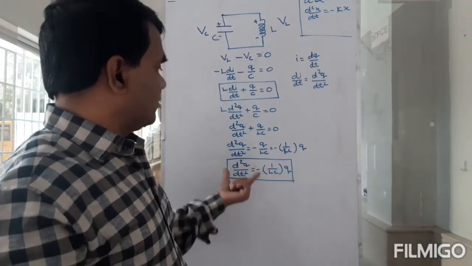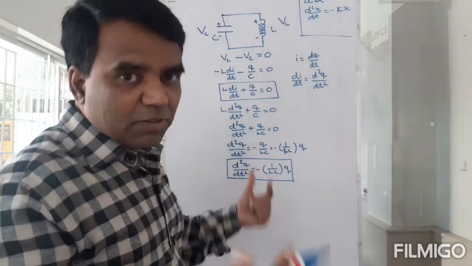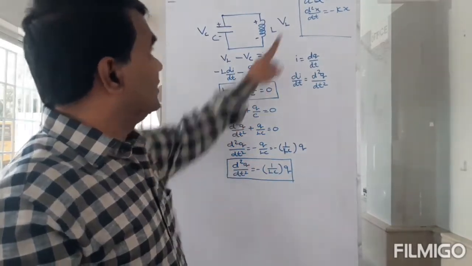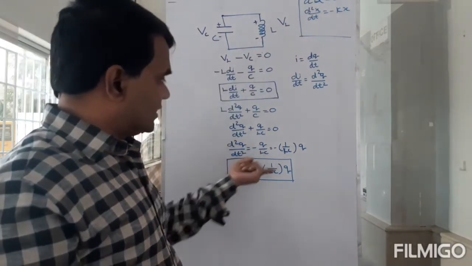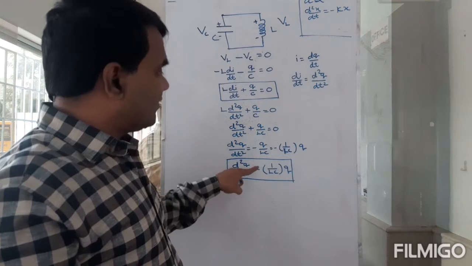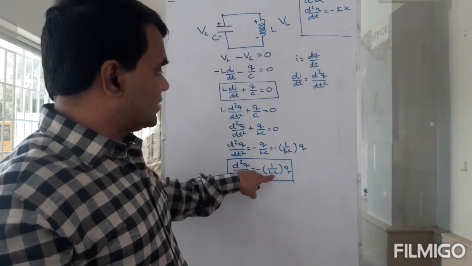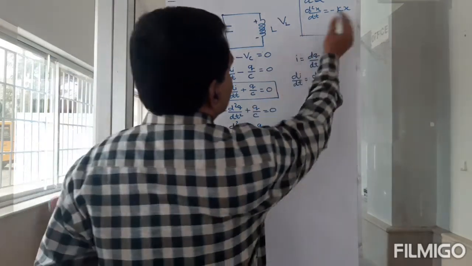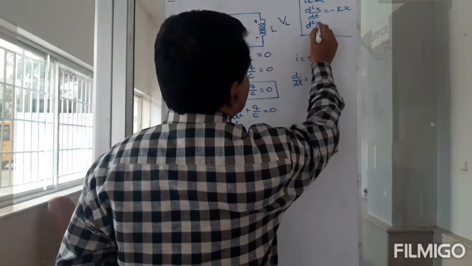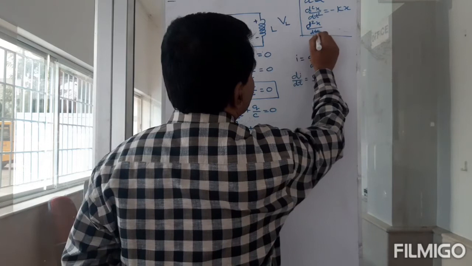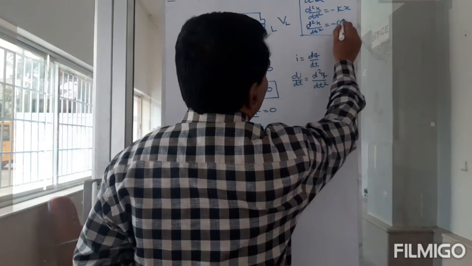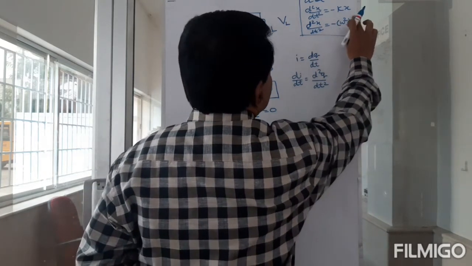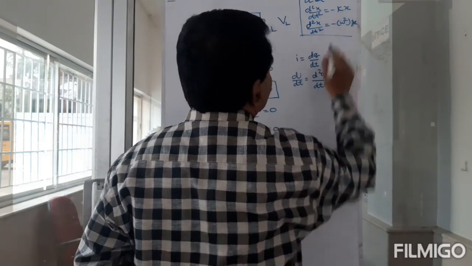So this resembles simple harmonic motion, but in this case you have charge, there you had displacement. But this is the expression. When you have an expression like this, what does it give you? This is d squared x by dt squared is equal to minus omega squared x.